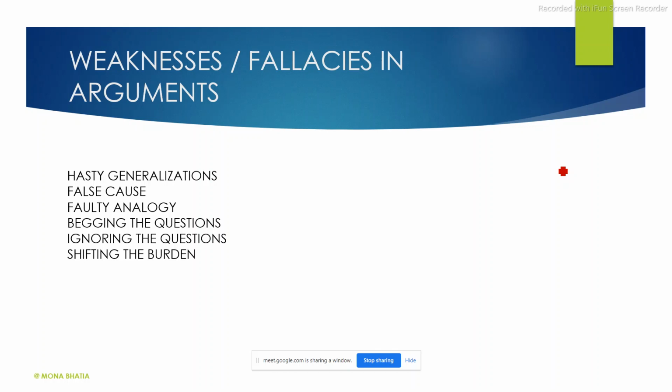Second is false cause. This fallacy arises out of taking circumstances as a cause, as one is unable to see more causes. Third is faulty analogy. What is that? It is when someone makes an irrelevant comparison. Do you know what an analogy is? For example, here I wrote winter, and here warm clothes.